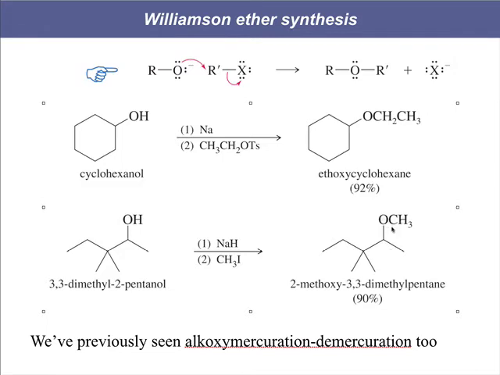That OCH3 again is a methoxy group. We've also seen alkoxymercuration-demercuration, which was similar to oxymercuration-demercuration, but instead of using water to get an alcohol, we use an alcohol to get an ether. So go back and look at that if you remember. That was from the first chapter of reactions of alkenes.